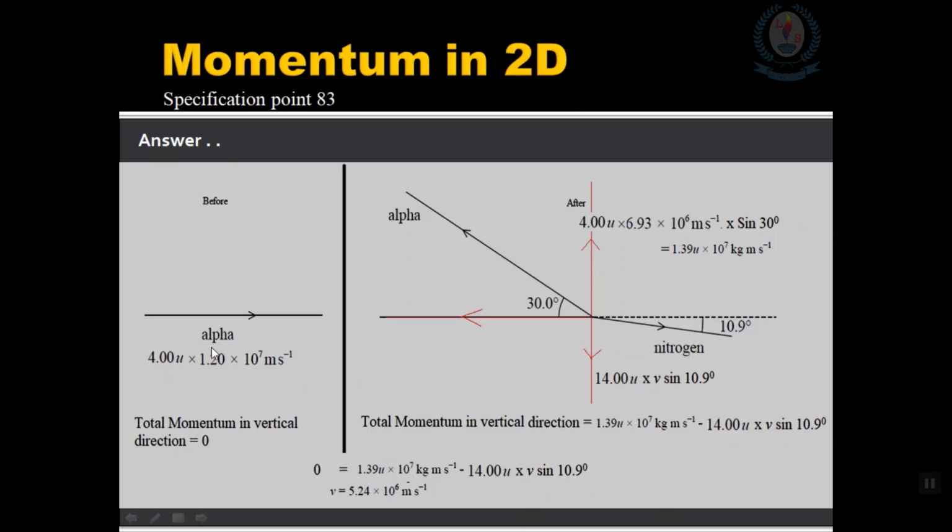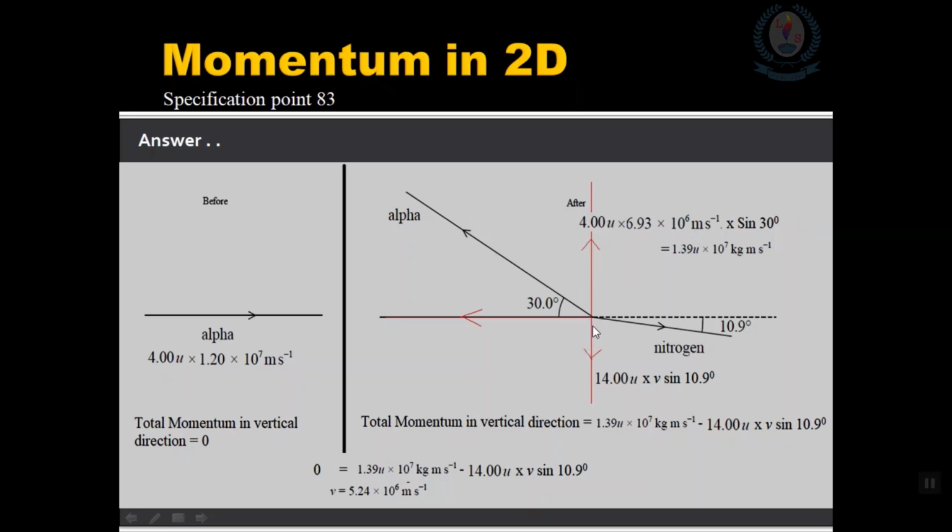But I thought of taking the total momentum in the vertical direction. Why? It is because the alpha particle was not moving vertically up. So the initial momentum of the alpha particle is 0. Then when we look at this diagram after the collision, the alpha particle has a component of momentum towards up, so it's positive.